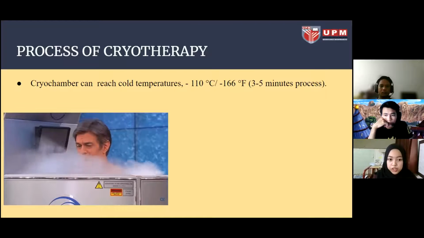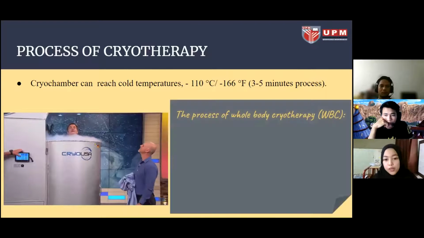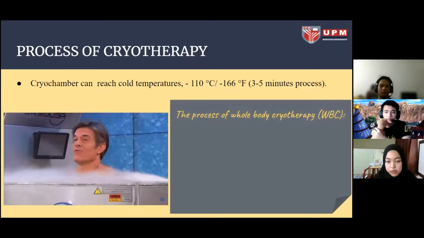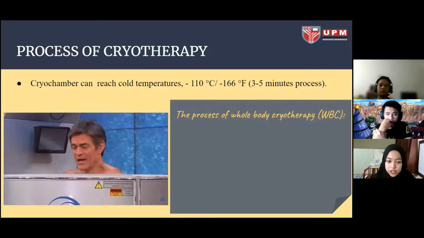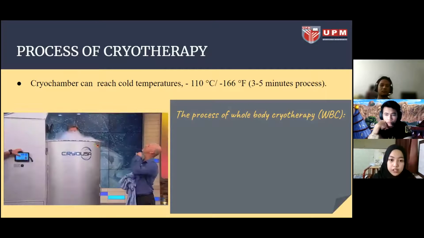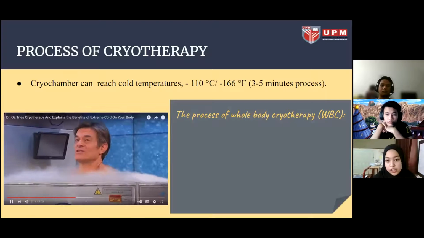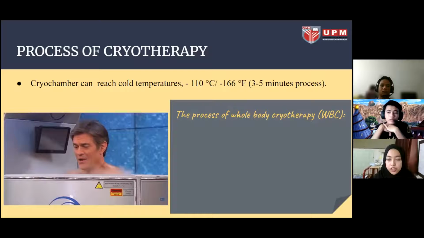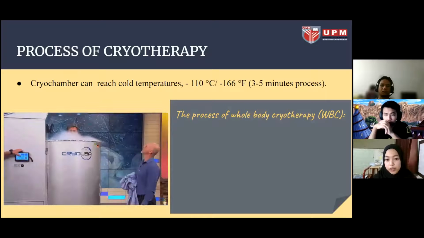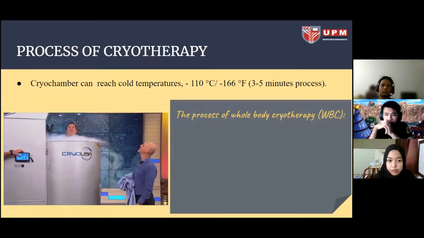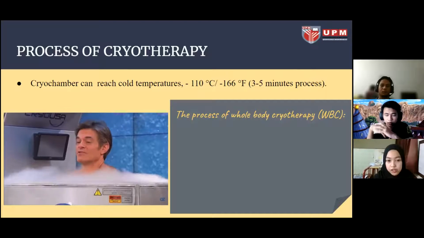So what is the process of whole body cryotherapy? Before we go to the process, it is necessary for an individual to use the correct clothing and gear protection, such as the cryo apron or cryo gloves.